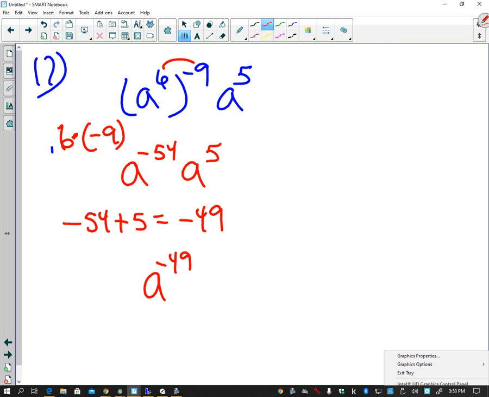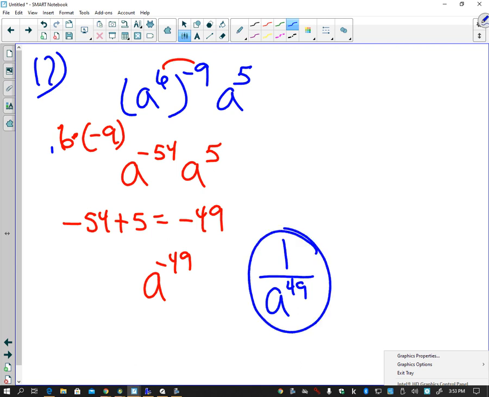So for my final answer, I want positive exponents, so I'm going to drop a down, and I'm going to get 1 over a to the positive 49th. A lot of people get this question wrong because they don't multiply and then add and then drop. Multiply, add, and drop. This is our answer right here.